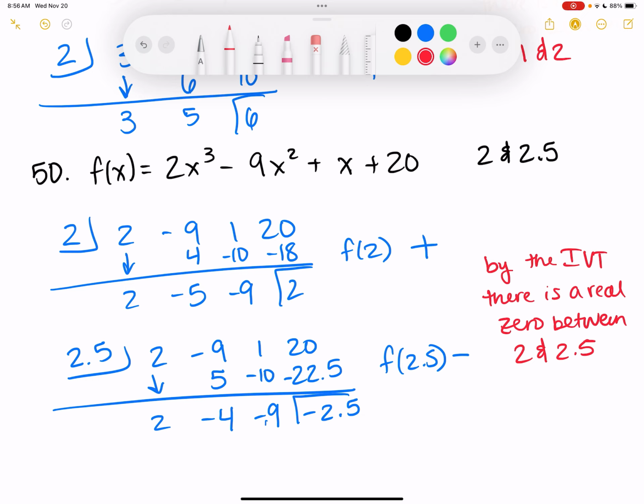So if C is greater than 0, so that means the number that is getting plugged in, and all numbers in the bottom row of the synthetic division are non-negative, so either 0 or positive, then f of x has no 0 greater than C. If C is less than 0, and the numbers in the bottom row of the synthetic division are alternating in sign, then f of x has no zero less than C. A lot of times, I think in the pre-cal book, we'll say non-positive, non-negative, non-positive, non-negative, because 0 can fit either of those requirements.